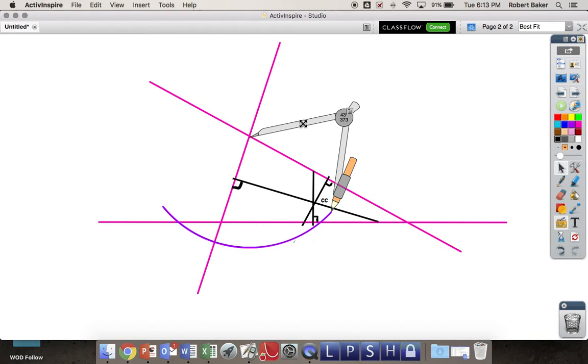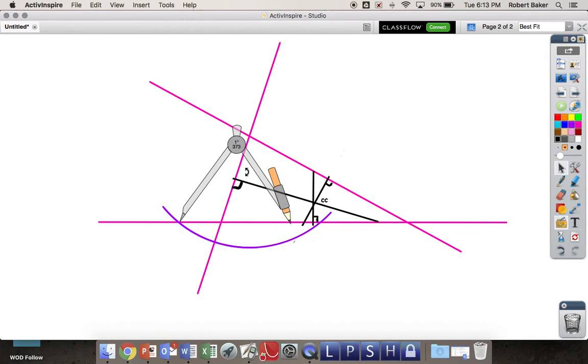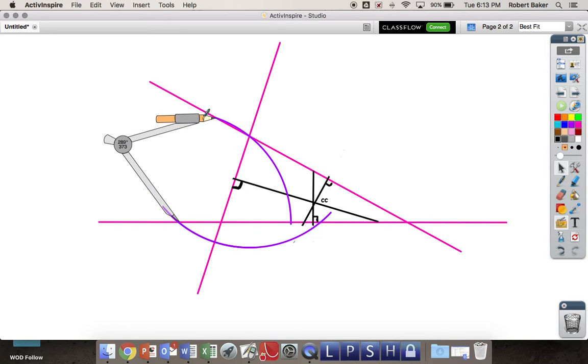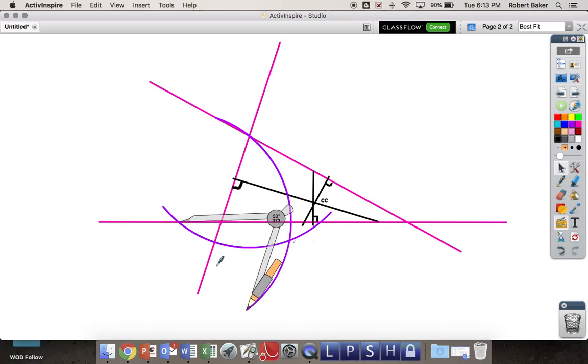At this point, the construction is pretty similar to the construction of a perpendicular bisector. Your pivot point goes on location 1. Okay, your pencil point must be more than halfway across. So I'm going to swing an arc up, and I'm going to swing an arc down.